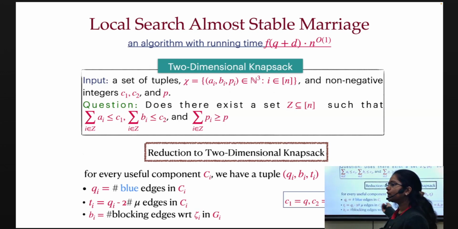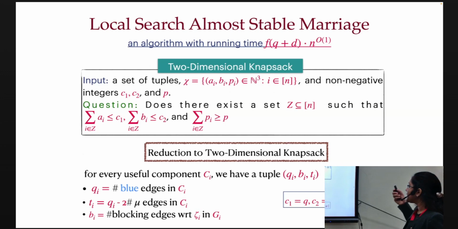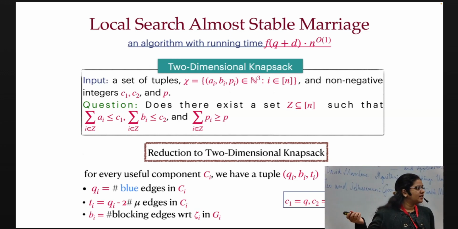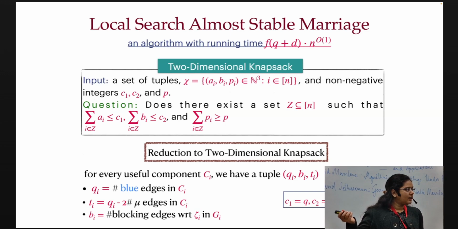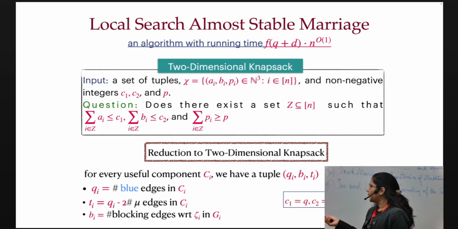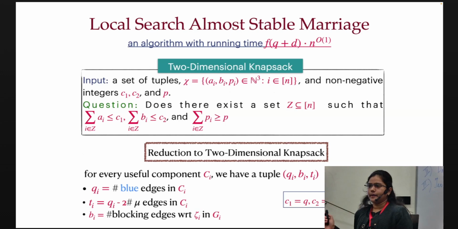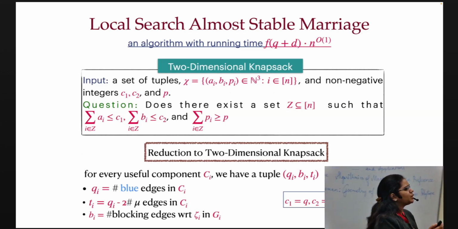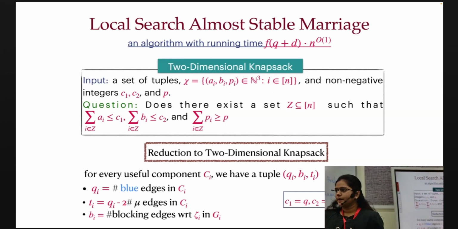In this two-dimensional knapsack, all values are indeed small. By small, I do not mean constant, it is polynomial in input size. So this can be solved in polynomial time, two-dimensional knapsack also, using similar ideas; you just need two dimensions now.